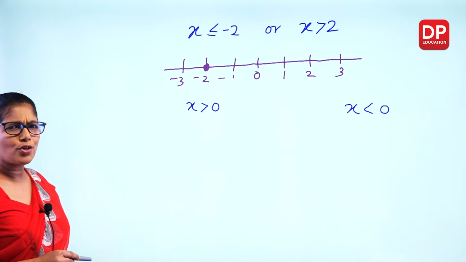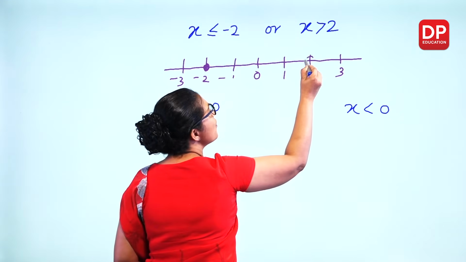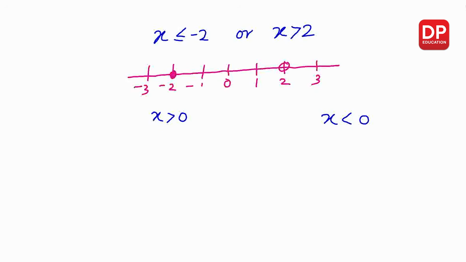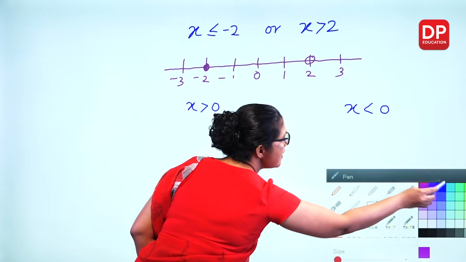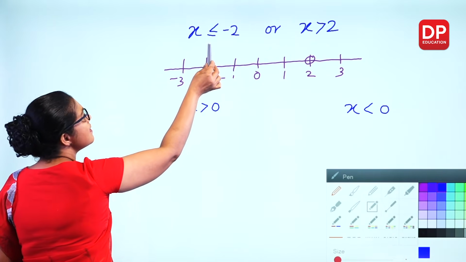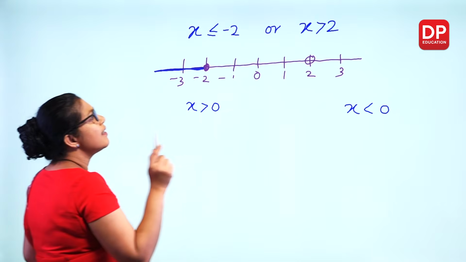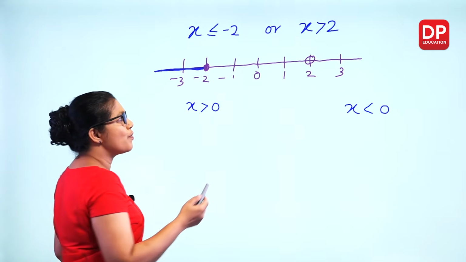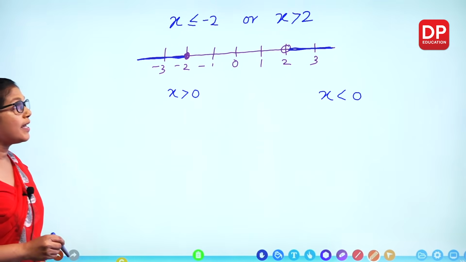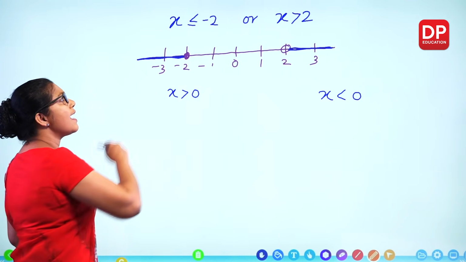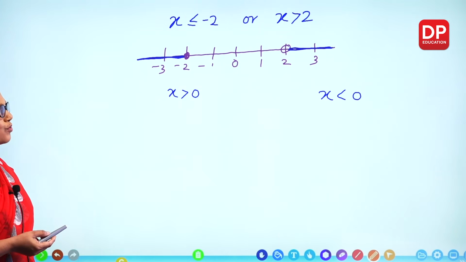What about 2? 2 is not included, so we need to draw an open circle like this. When you read the left hand side inequality, x is less than, less than means left side. The other one, x greater than 2, means to the right side. So this is how we can represent x less than or equal to minus 2 or x greater than 2.